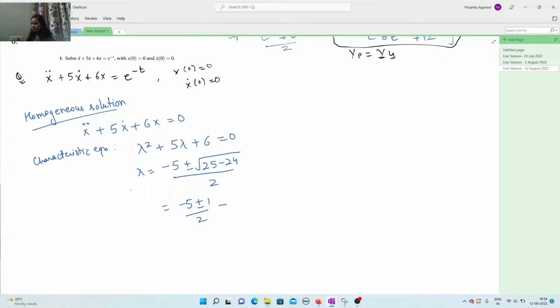Okay, so the homogeneous solution can be written as C1 e to the power minus 3t plus C2 e to the power minus 2t.